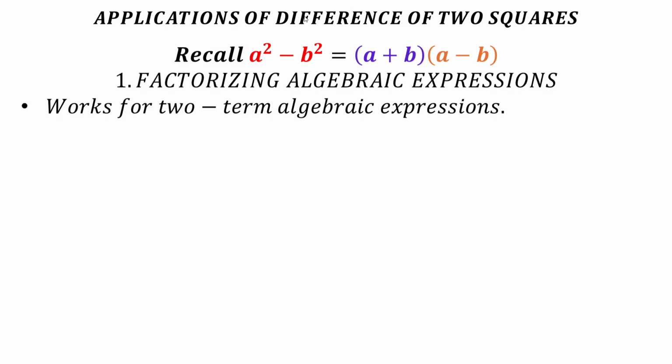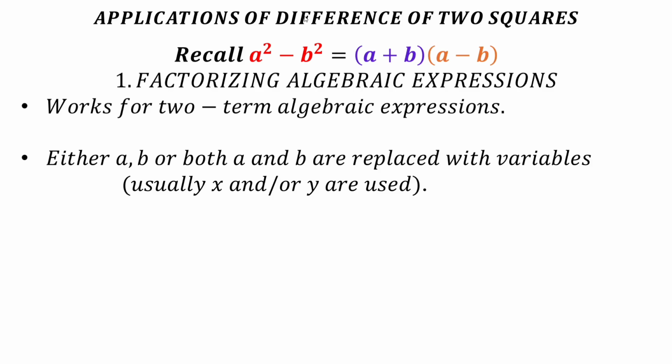Usually either a or b or both a and b are replaced with variables. So instead of seeing a squared minus b squared, you may be seeing other variables like x or y or x and y, but you can also see other letters being used as variables as well.